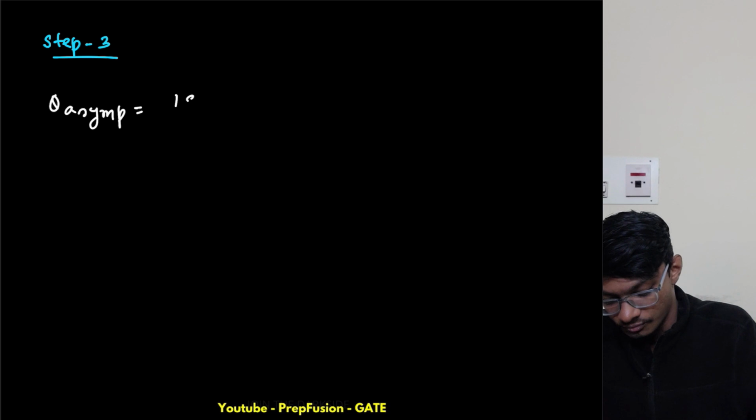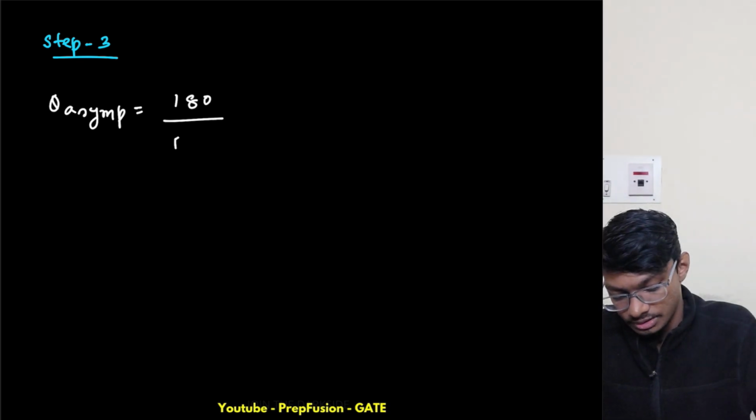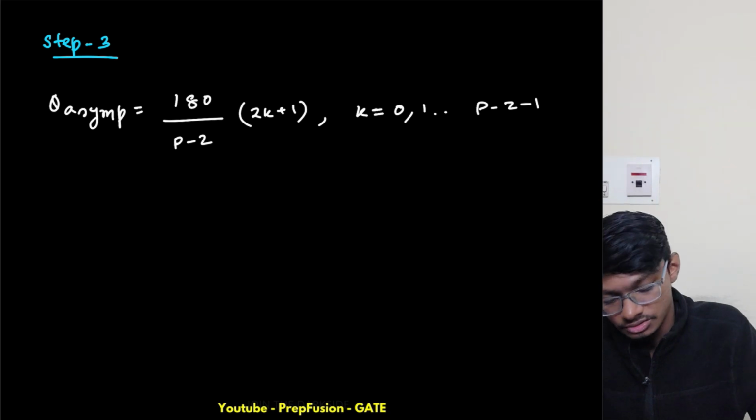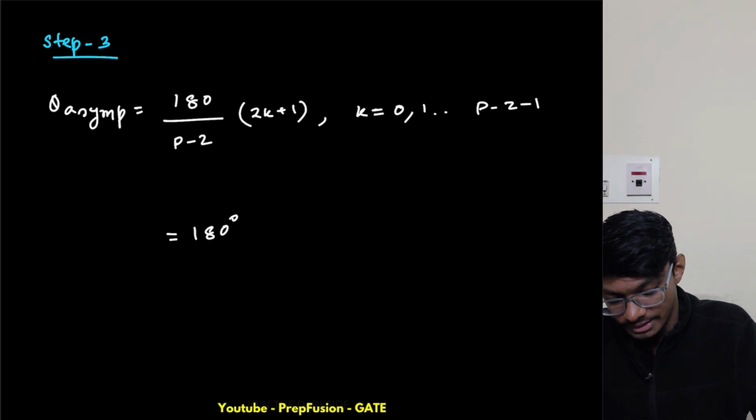Again, it is 180 divided by p minus z, so (p minus z) into (2k plus 1), where k goes from 0 to p minus z minus 1. So we only have 1, right? So k equals 0 itself, so it will be 180 itself, right? That we know.